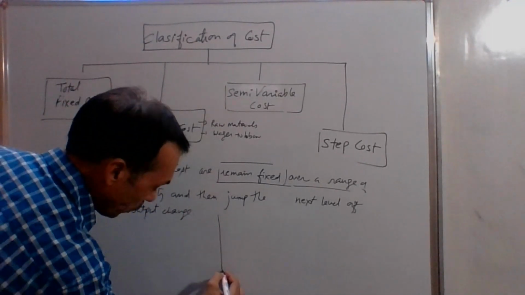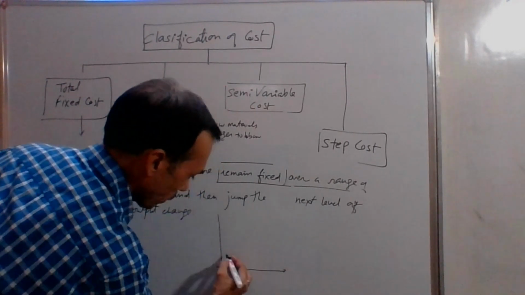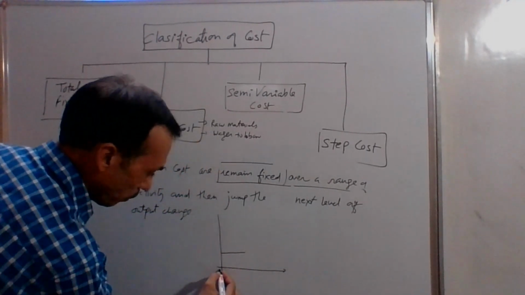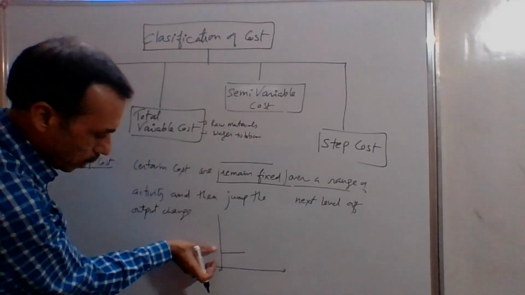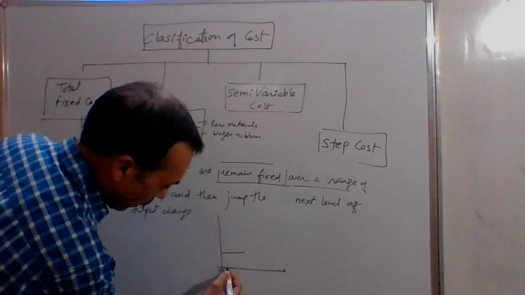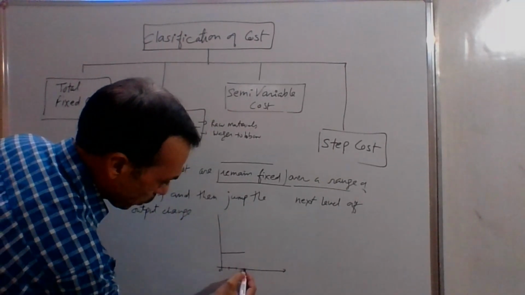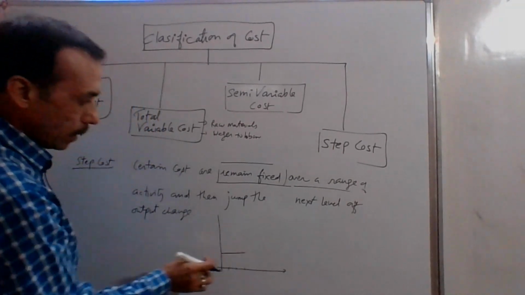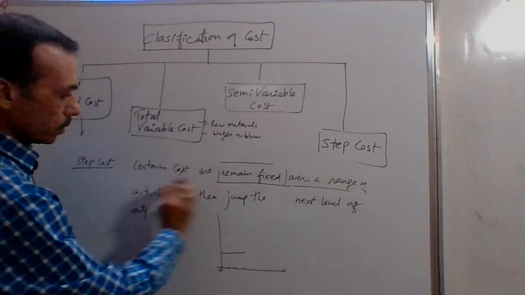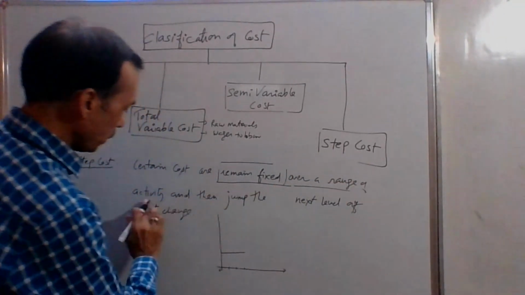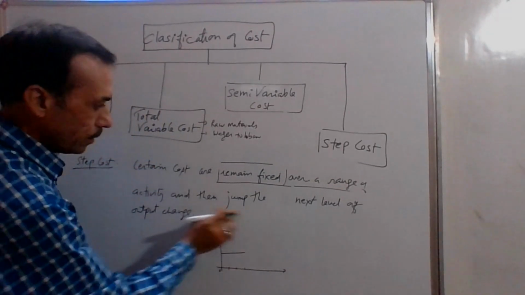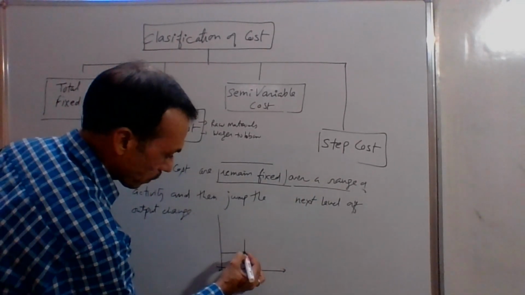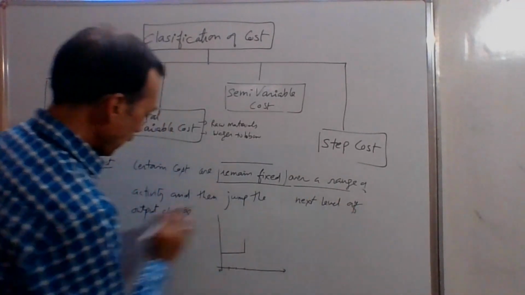Diagrammatically, we draw the step cost like this. When the output is 0, your cost is something, it is fixed. As the output increases, your cost remains the same till a certain level of activity, over a range, and then it jumps to the next level of activity.